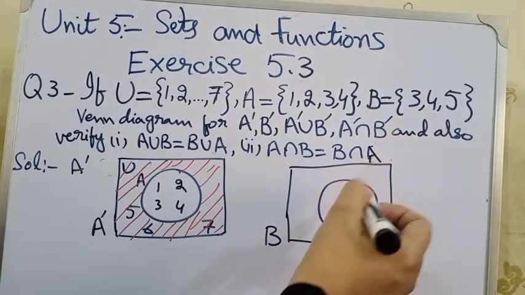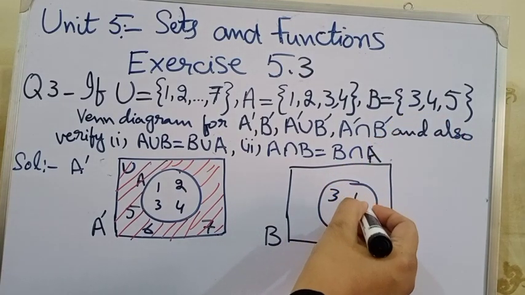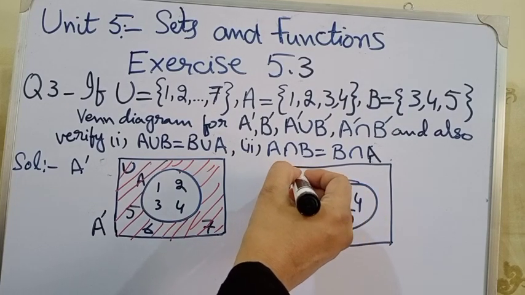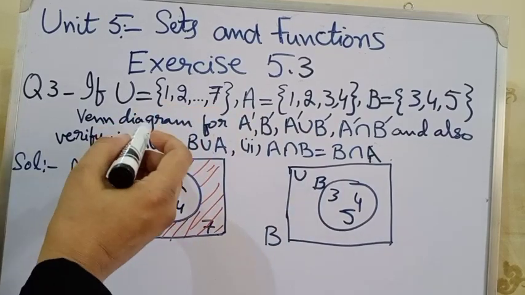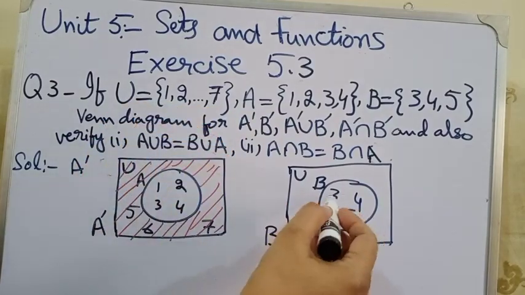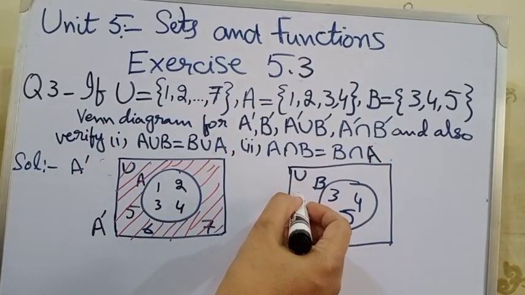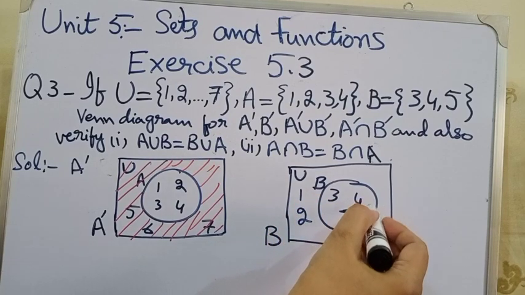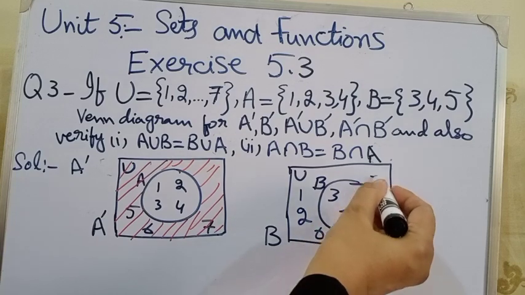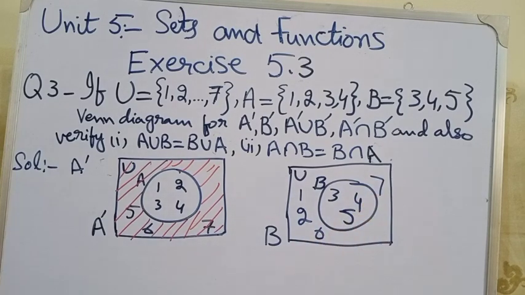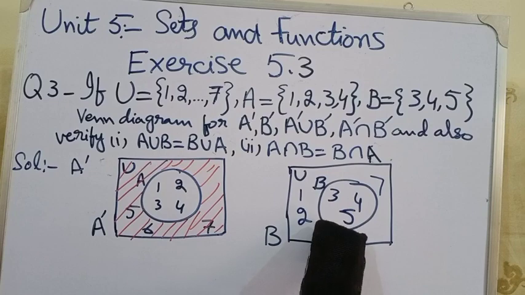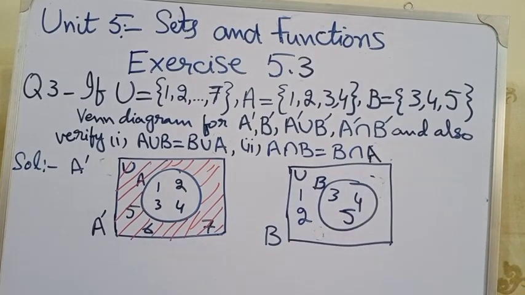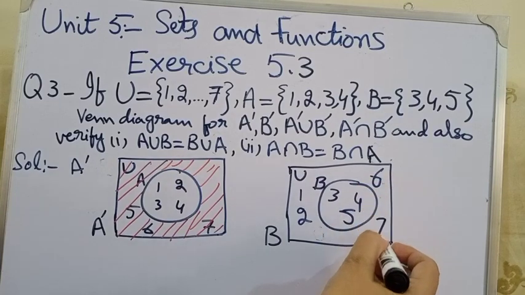Set B has elements 3, 4 and 5, and the universal set has elements 1, 2, 3, 4, 5, 6, 7. So B complement has only 1, 2, 6 and 7.